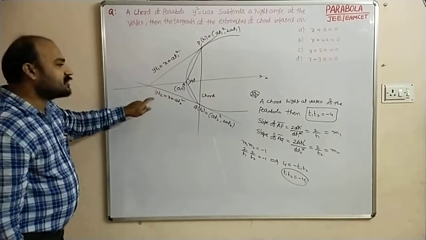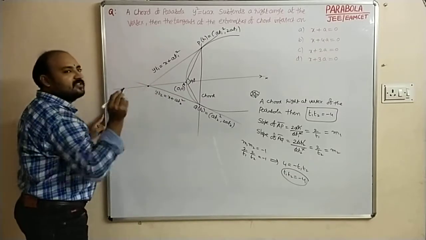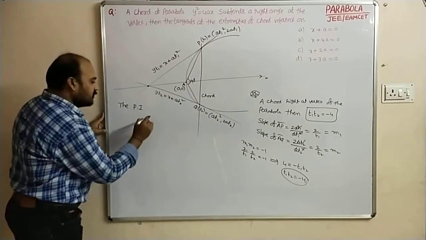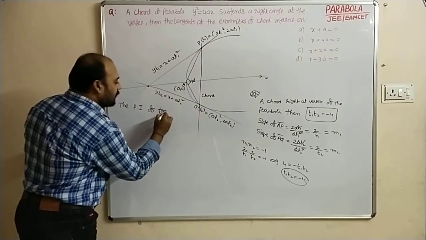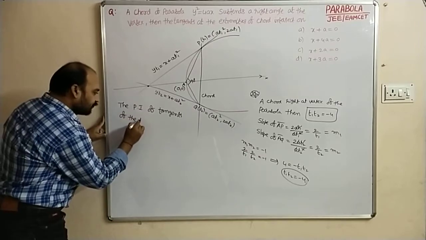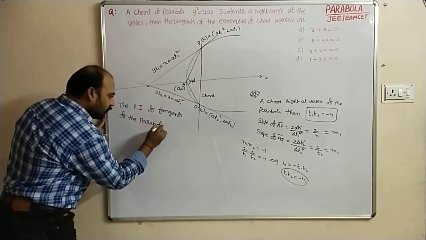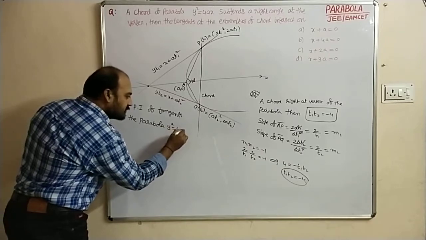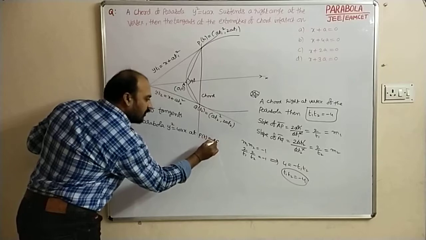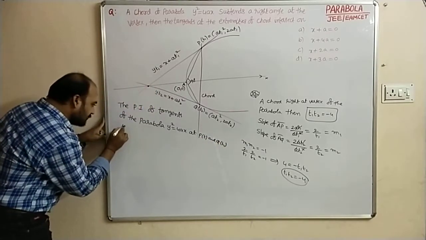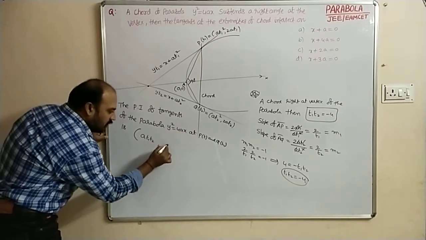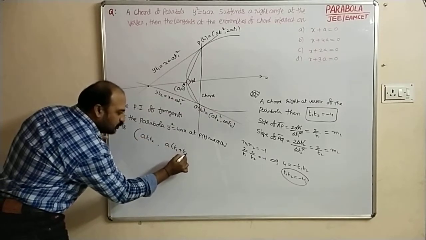The point of intersection of tangents, that also we discussed in the previous sessions. The point of intersection of tangents of the parabola y square equal to 4ax at P of t1 and Q of t2 is (a t1 t2, a into t1 plus t2).